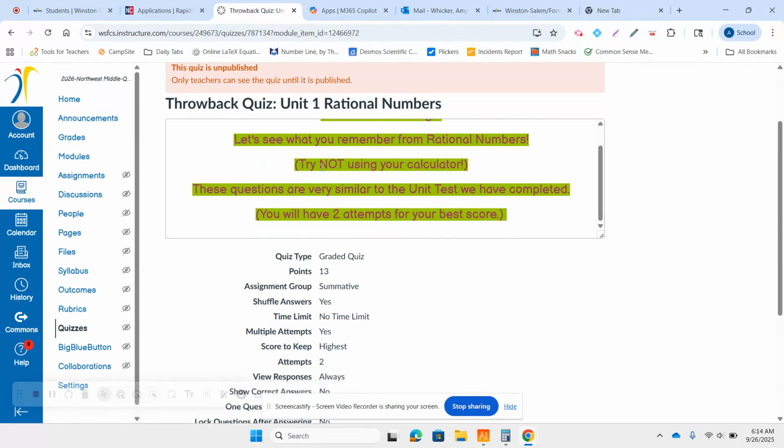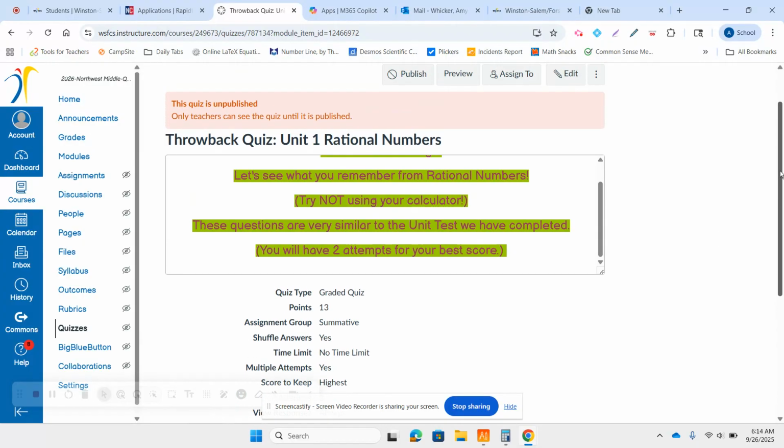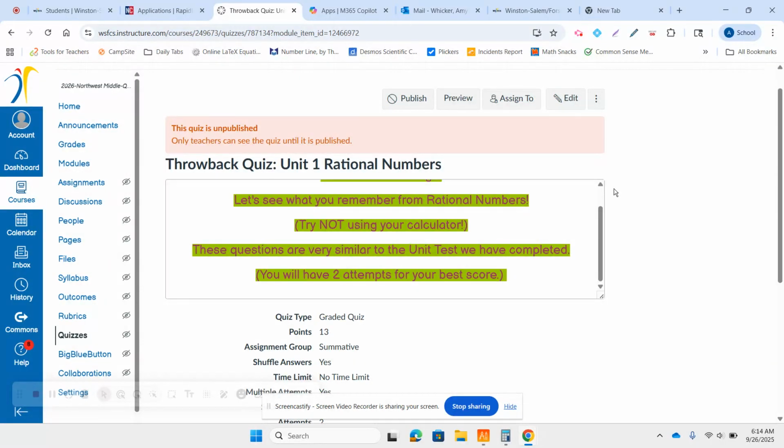It says try not using your calculator. So remember, this was the first unit we did before we got calculators. So if we see you working on this little assessment, please make sure that your calculator is covered. That way you're challenging yourself to remember how to do your old skills.